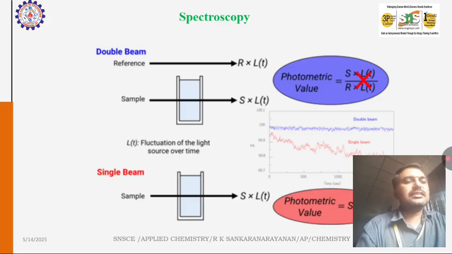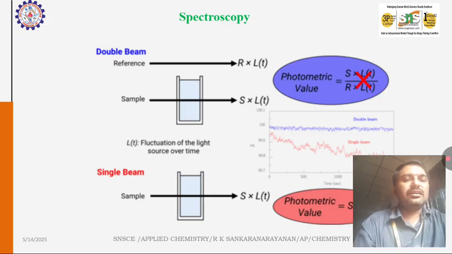In this case we have single beam and double beam instruments. What is the use of each? If you are dealing with unknown samples, we need double beam. If single beam, there is no need for reference samples; we can just do the calculation, since it is already fixed, and we have to find some values, for example concentration.